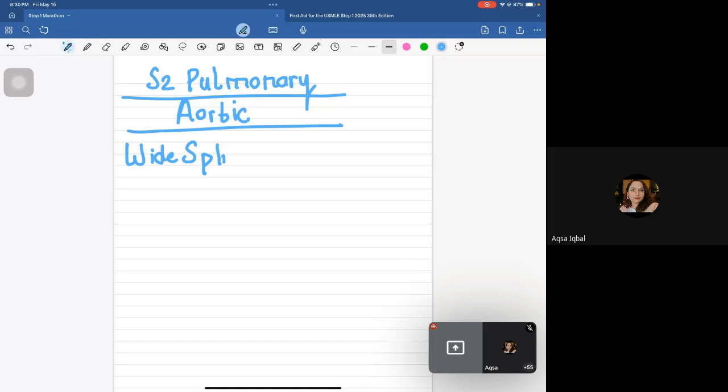For example, if this is the S2 heart sound, you first hear this waveform, the A2 waveform, and then the pulmonary sound, the P2 waveform. Wide splitting occurs, for example, in pulmonary stenosis, which occurs in the tetralogy of Fallot.